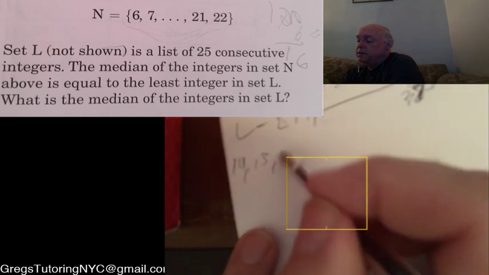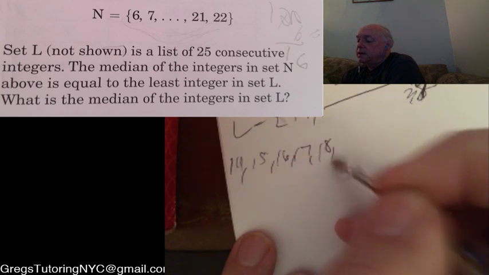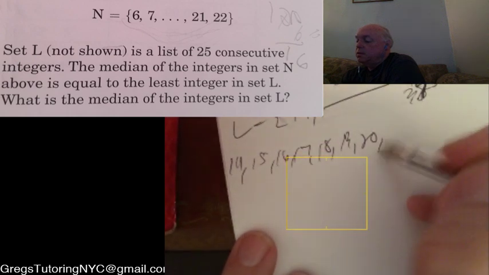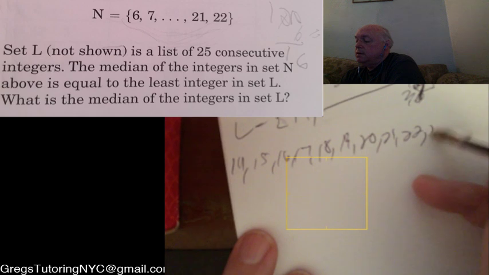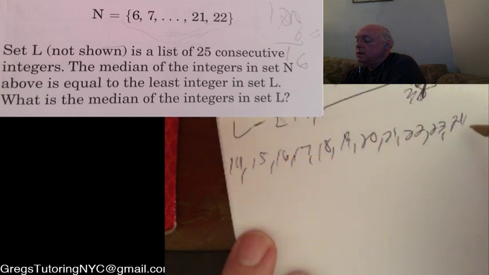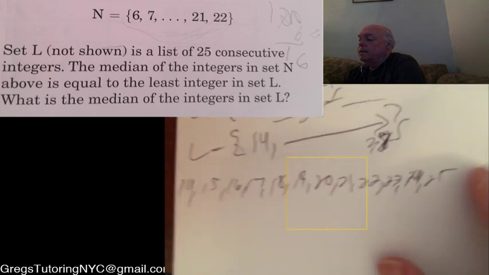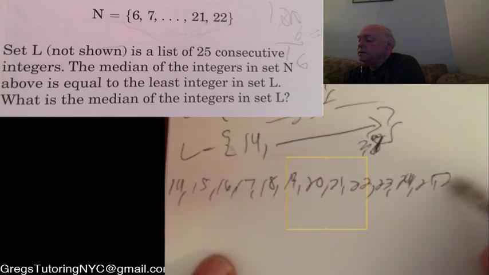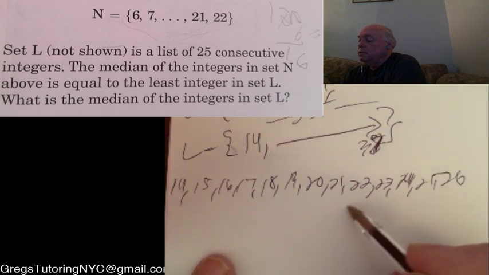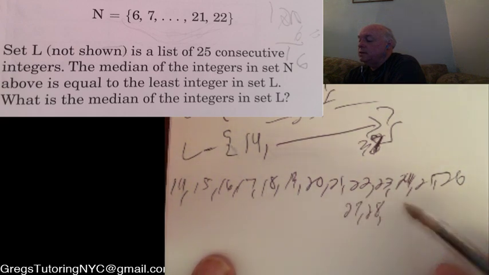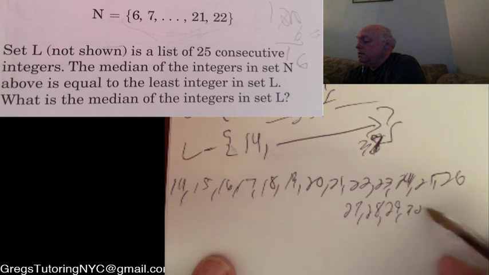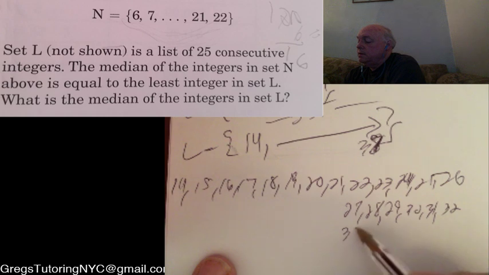15, 16, 17, 18, 19, 20, 21, 22, 23, 24, 25. I'm going to write this kind of sloppy. 26, 27, 28, 29, 30, 31, 32, 33, 34, 35, 36, 37.